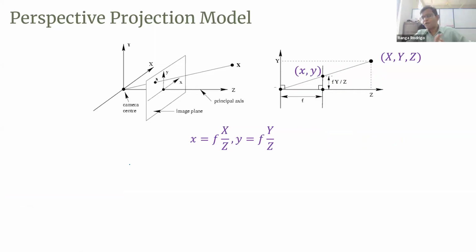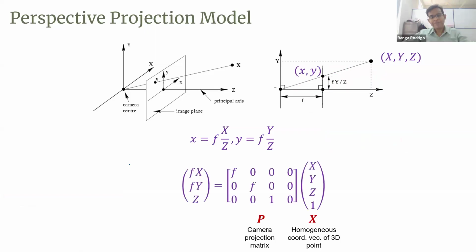But now we want to represent them using matrices. This is how you represent them using matrices. We have a special matrix called the camera matrix. The size of that matrix is 3 rows and 4 columns. It's a 3 by 4 matrix.